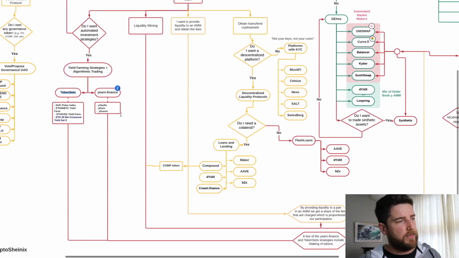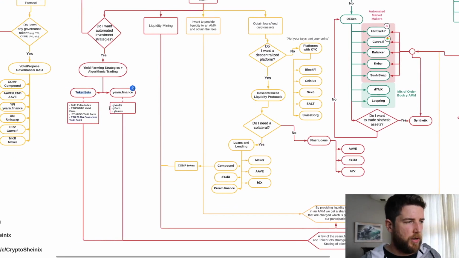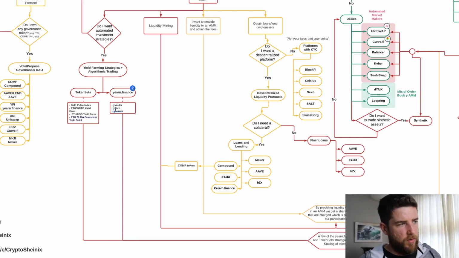So Yearn Finance has a few products. A couple of them are yVaults, yEarn, and yInsure. So basically yEarn is a sort of robot or a bot where you put some money and then the bot just searches for the platform with the highest yield.